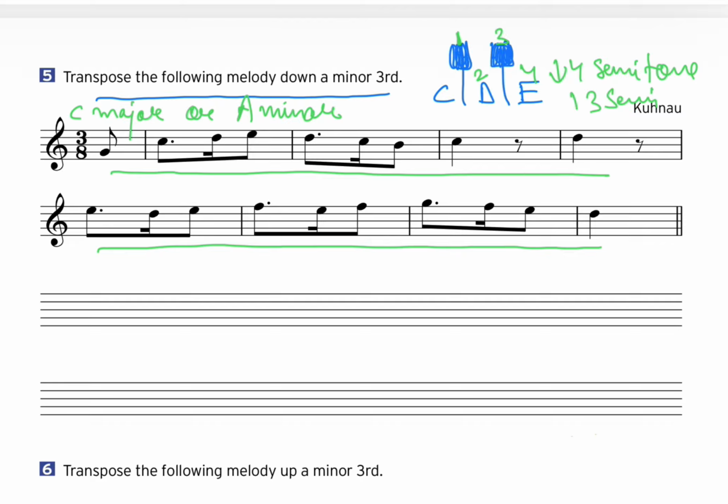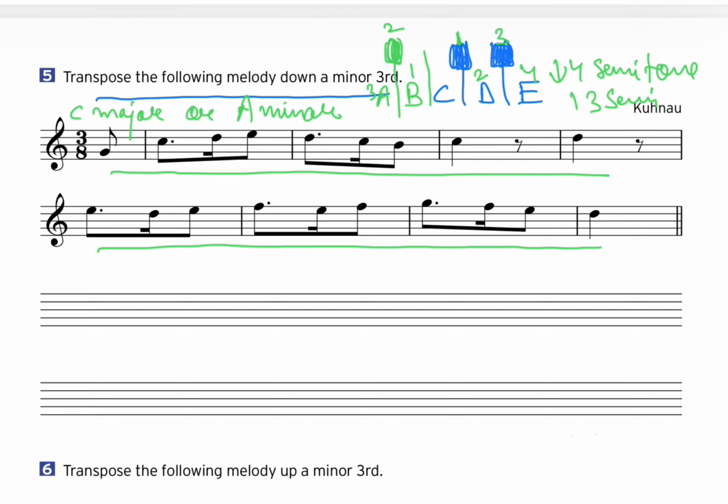If this is C major and we transpose it down a minor third, we need to go three semitones down. From C we have B and then A. This is 1, 2 and 3. We reach A.